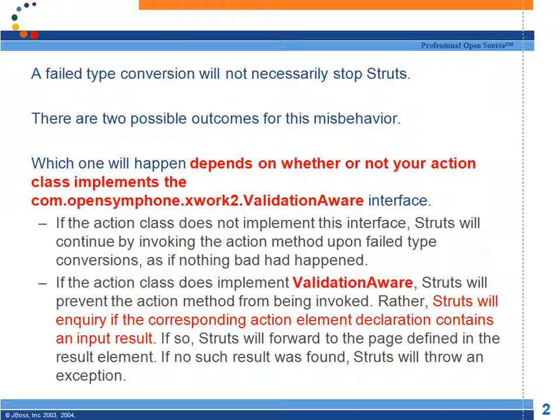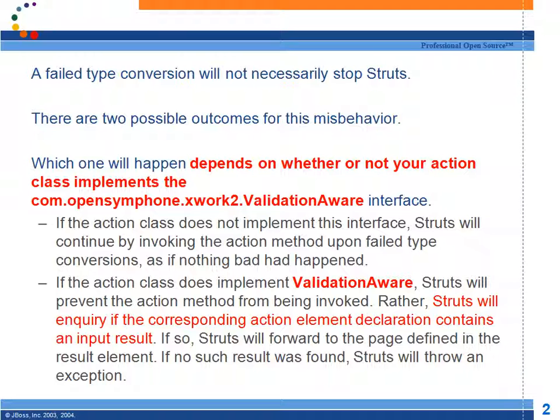If the class does implement this interface, Struts will prevent the action method from being invoked. Rather, Struts will inquire if the corresponding action element declaration contains an input result. Is there a result tag with name as input? If so, Struts will forward to the page defined in the result element.